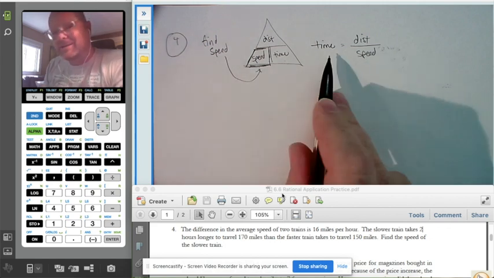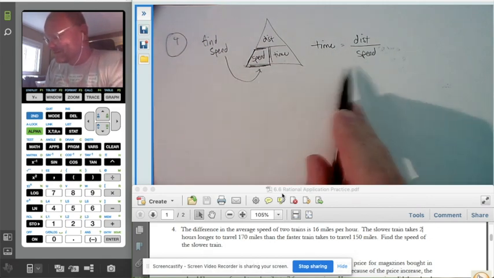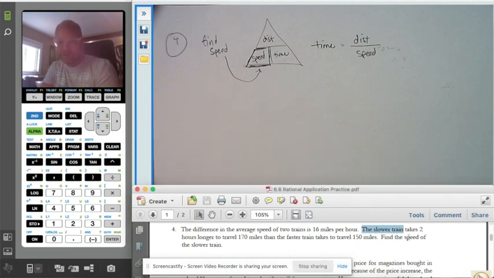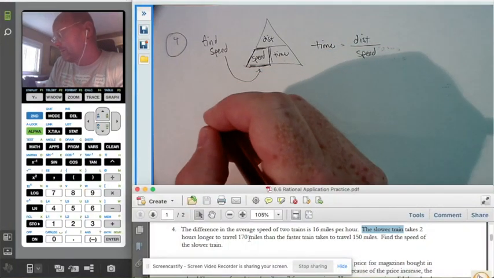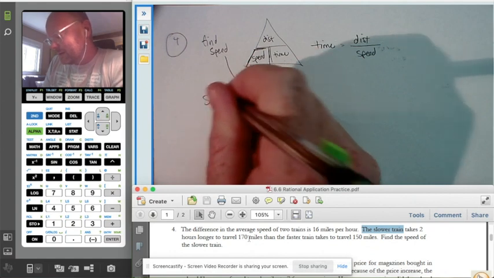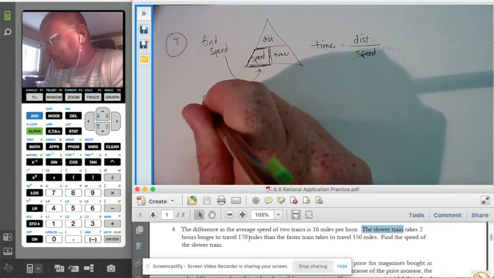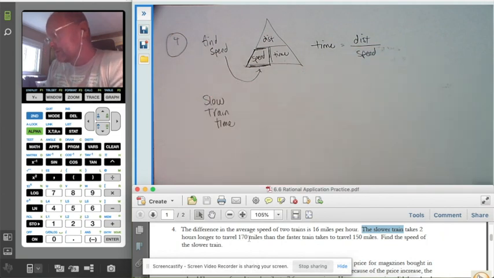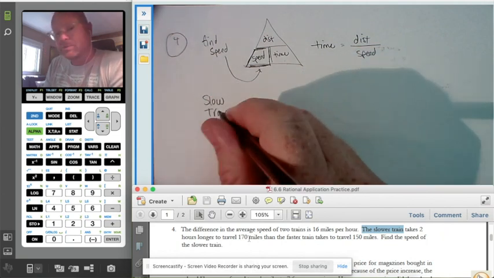But I'm going to do it in terms of a time equation, because they tell us what the difference in time is. The slower train takes 2 hours longer to travel 170 miles, right? So I have a fast and a slow train. The difference in time: the slow train time, because he's slower, that time's going to be more.